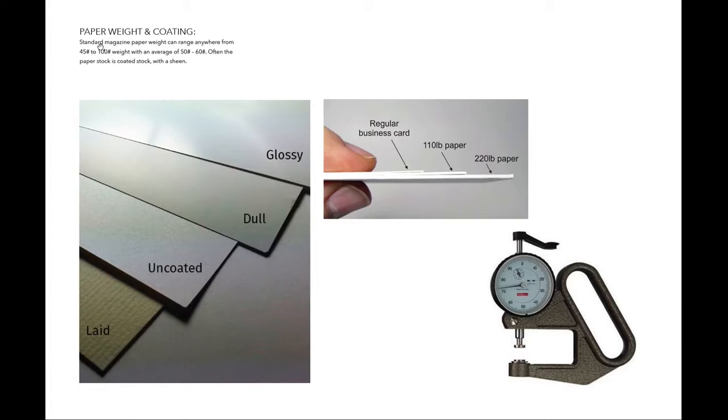So if you had a 100-pound text weight paper, you take 500 sheets of that paper of the parent size sheet, put it on a scale, and it'll weigh 100 pounds. And that's the thickness of the paper. It's 100 pounds. I find that fascinating.